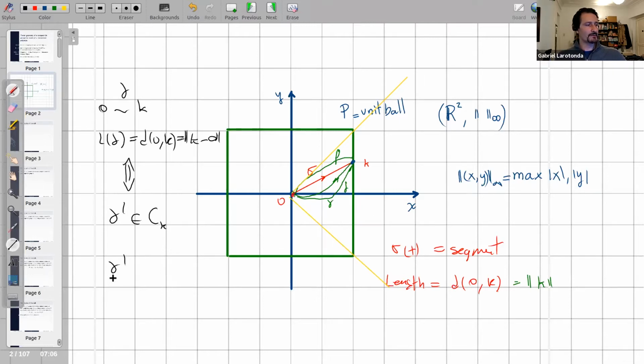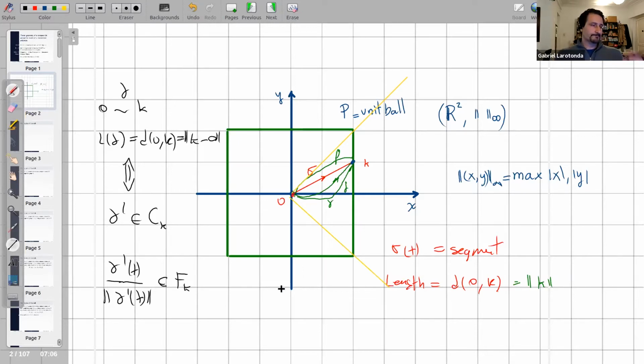Or, if you prefer to state it that way, if you normalize the speed, which is always possible for rectifiable paths, you want this normalized speed to live in the face supporting this point K, right?